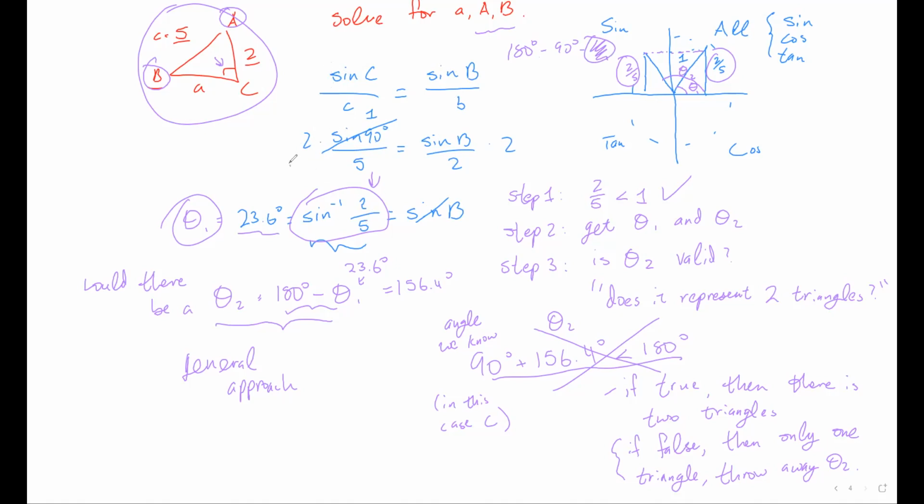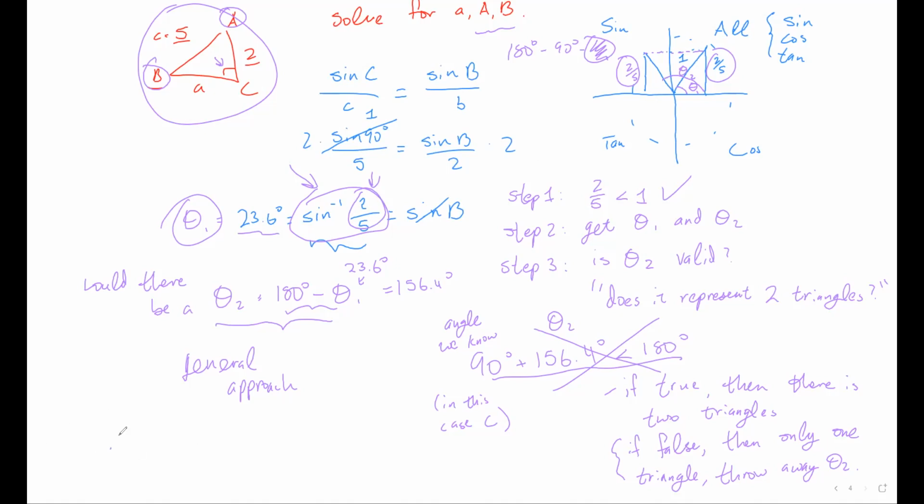And then when we come across a sine inverse or cosine inverse or something like that, we have to consider if we have two triangles or even no triangles at all. So case one, if this exceeds one, or it's less than -1, if it escapes the bound of sine, then we have no triangles.